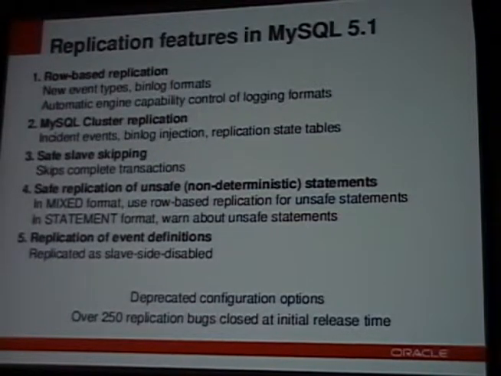So you actually get the data that should be stored, and the master and the slave will have exactly the same information. And for statement format, we introduced warnings for these statements. So if you still use statement format in 5.1, you will get a warning saying that there is a risk that they will give a different result on the slave.